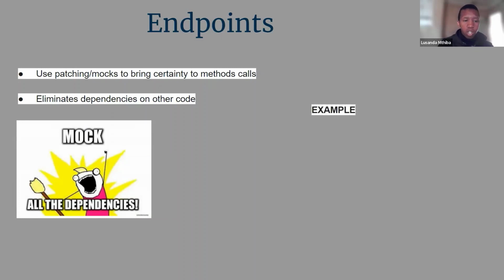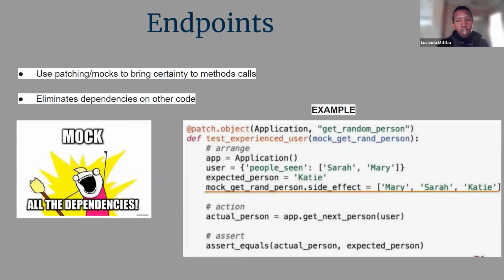The important thing here is that when you use patch, you say @patch.object(Application, get_random_person), which means get_random_person is a function on the application that is being called, imported in the application class.